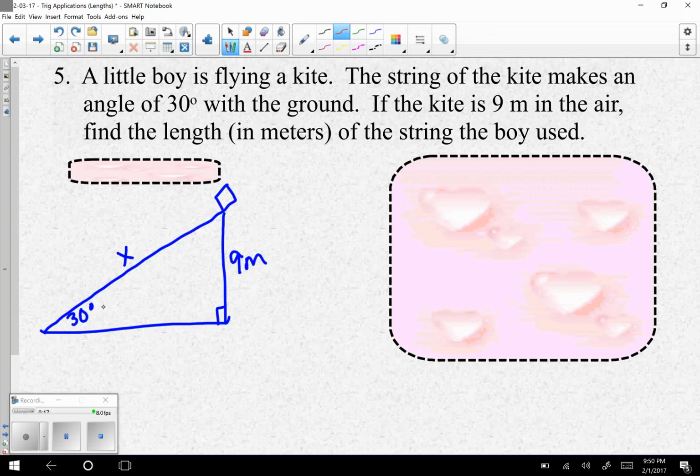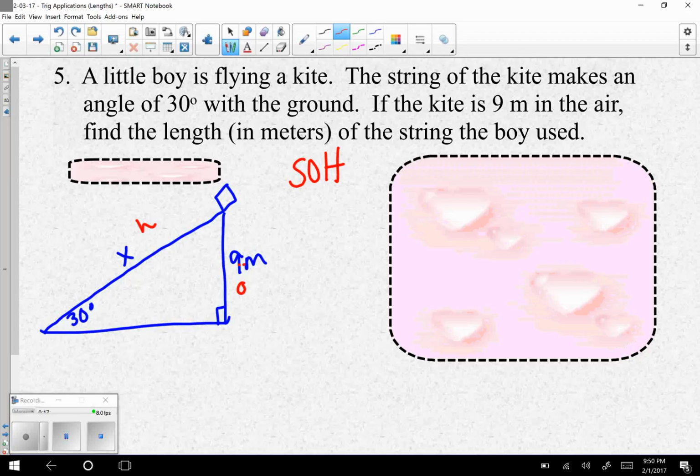If I have a 30-degree angle, I want to figure out what x and 9 are in the triangle. 9 is the opposite leg, and x is the hypotenuse. So I'm looking at O and H, which goes with sine.